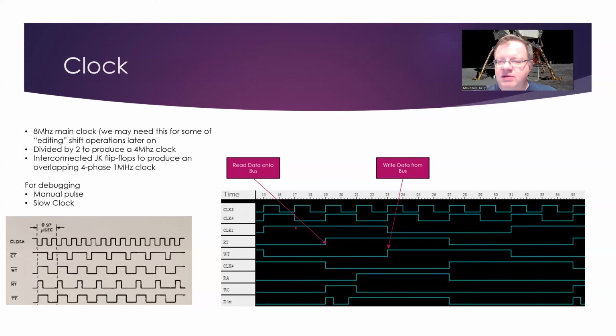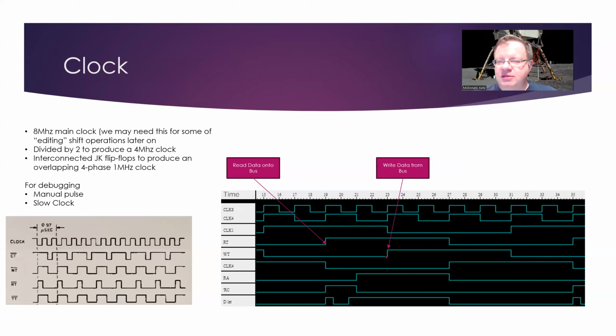We've got one phase here that goes first. This is clock 1, so we've got our half pulse here. Then we've got our next one, which is shifted over by half a clock signal. So this goes positive, and then halfway through, the next clock goes positive.